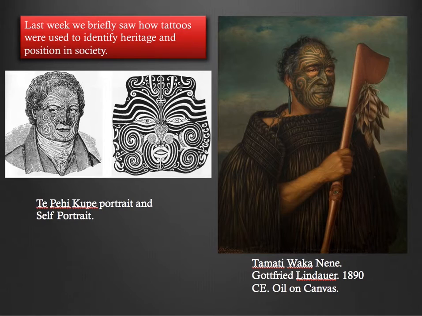Last week we saw Tepehi Kupe's portrait, and we talked some about how tattoos identified heritage, but they also show position in society. These facial tattoos would immediately tell someone who knew how to read them the important position that this man held in his society.